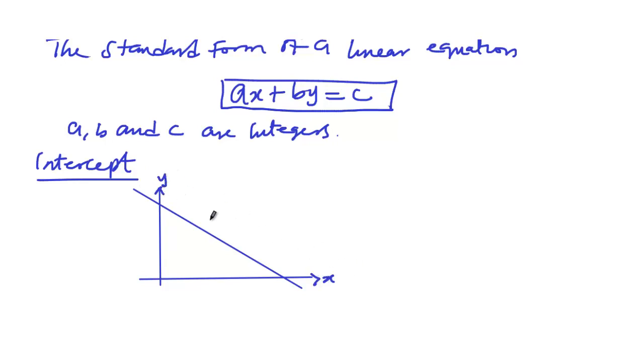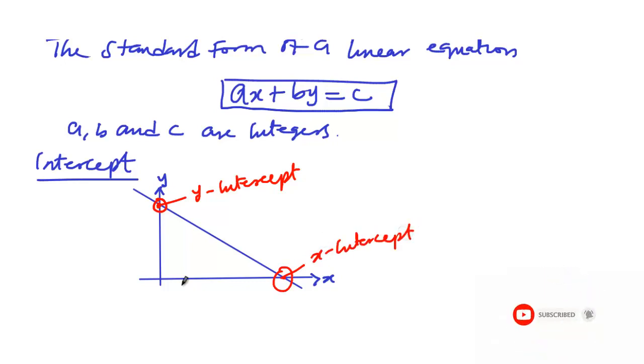This is positive y, positive x. Now this point of intersection of the line with the y axis is known as the y-intercept. This point of intersection on the x-axis here is known as the x-intercept. Now, the origin is 0, 0, which is applicable to both x and y.